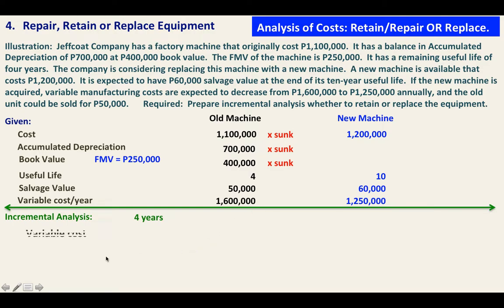So for 4 years, the variable cost, 1,600,000 times 4 years, is 6,400,000. So it means that under the old machine, Jeffcoat Company, the variable cost is 6.4 million for 4 years. Okay. At the end of the fourth year, this salvage value means that after 4 years, the machine can be sold at 50,000.